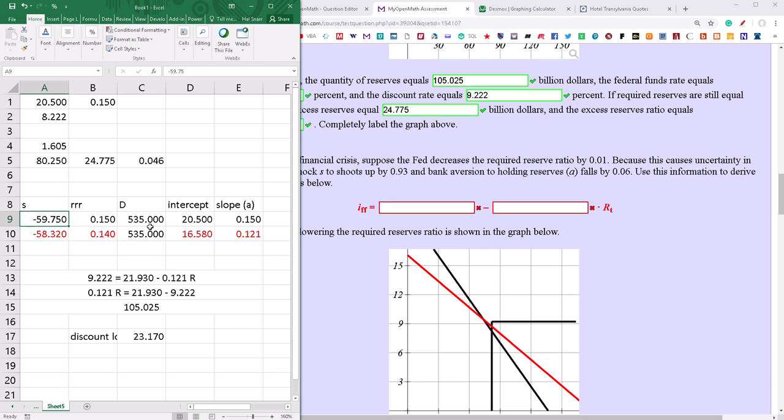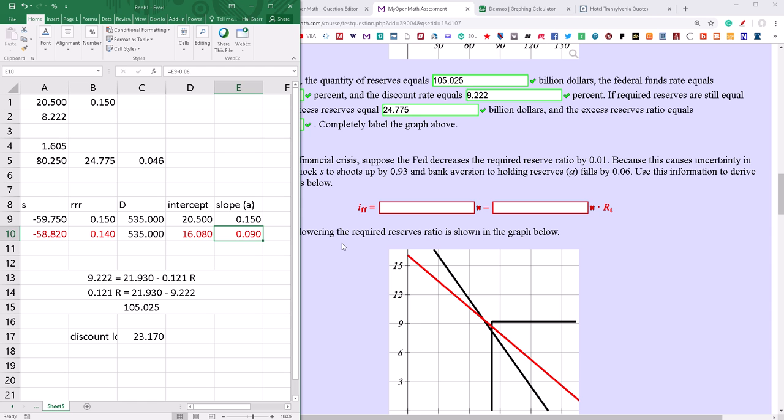Okay. Now that causes the shock parameter to shoot up by 0.93. So instead of it increasing by 1.43, it's increasing by 0.93. Okay. The slope falls by 0.06.